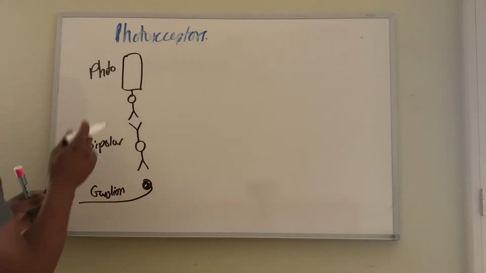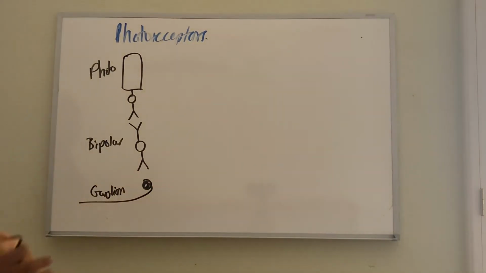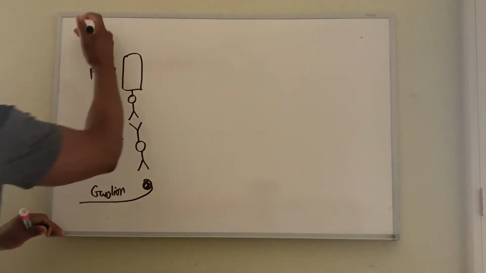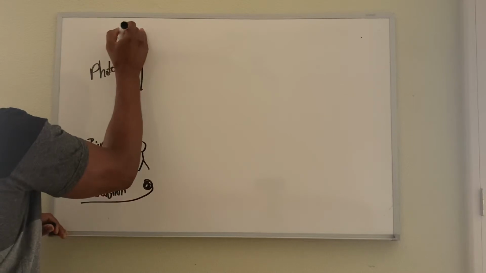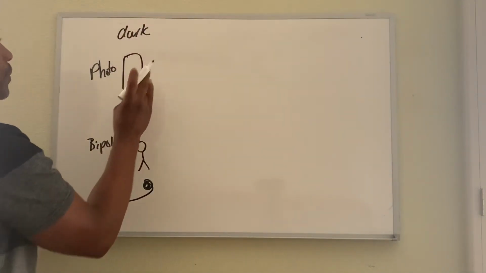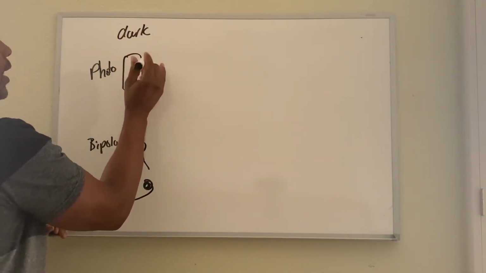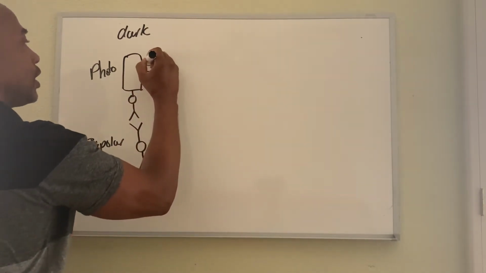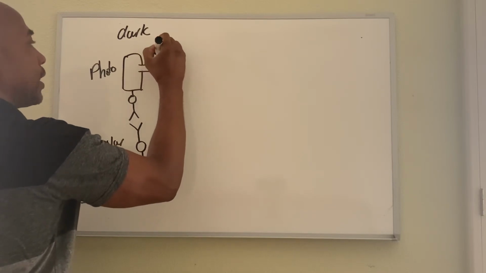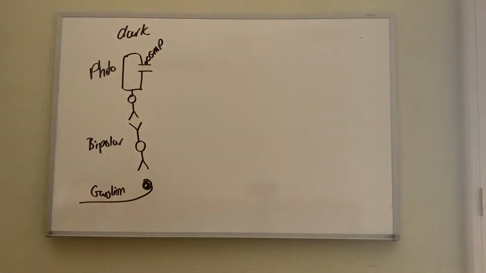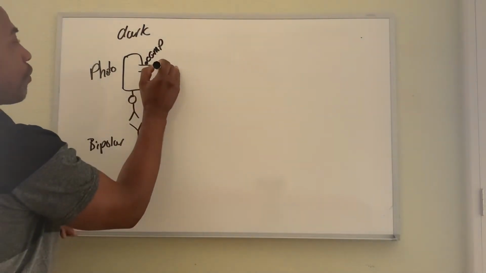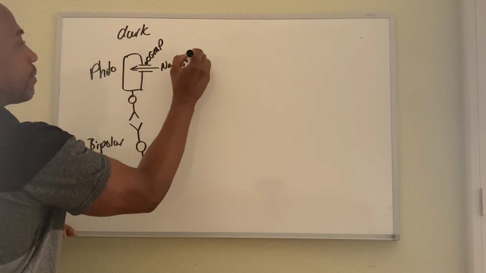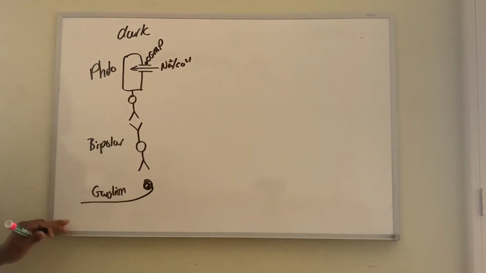So let's begin this process by discussing what happens in the dark. When it's dark outside, when it's dark to your eyes, the gates, remember your gates from the earlier screen, have cGMP attached to them, and that allows sodium and calcium to enter the photoreceptor.